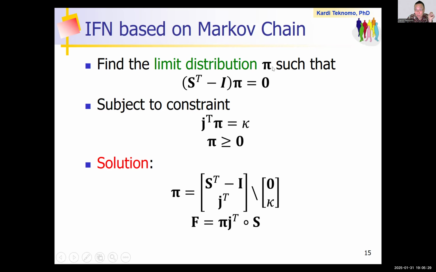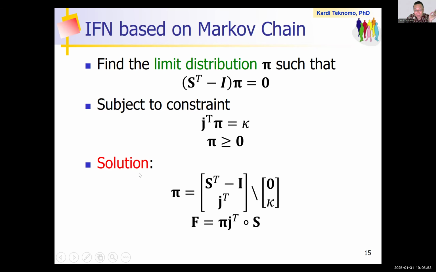This is the one that you want to get, the node value, the flow in the nodes. Kappa here represents the total flow in the network, and the total flow must be positive or zero. This is the optimization to get the total flow in the network.